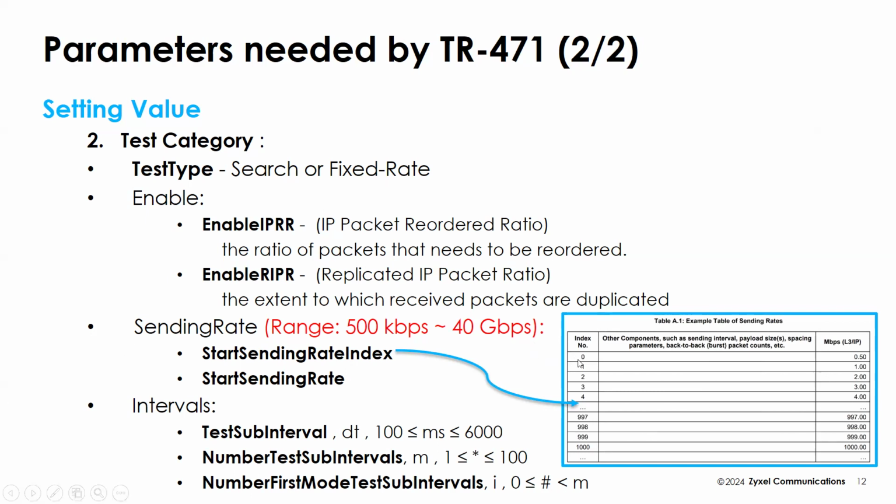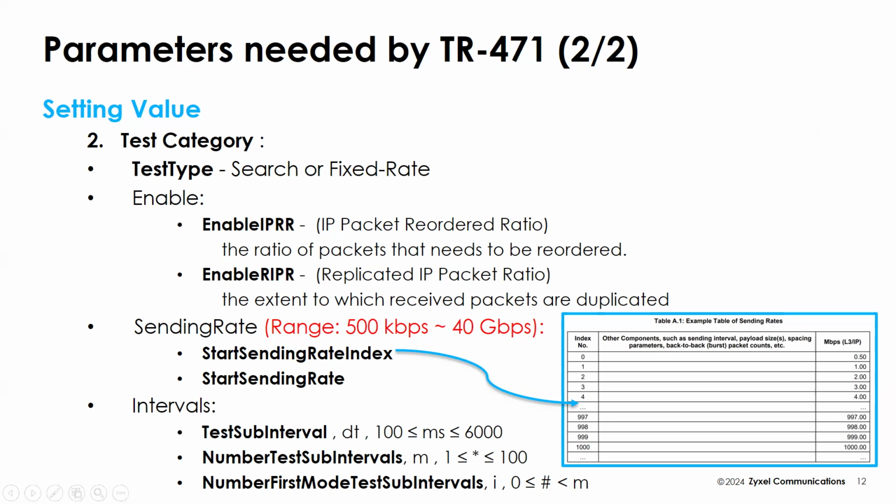The index ranges from 0 to 1110A, which is not displayed here. The 0 in this table means that we use 500 Kbit per second to do the test, and the other one, 1110A, means we use 40 gigabit per second to perform the speed test.